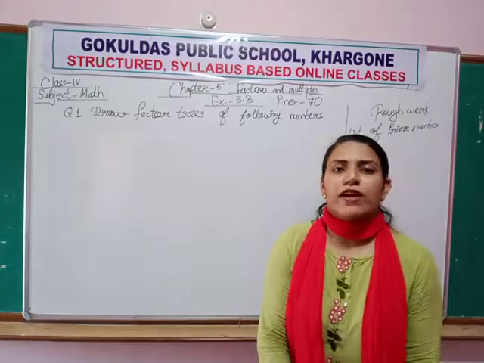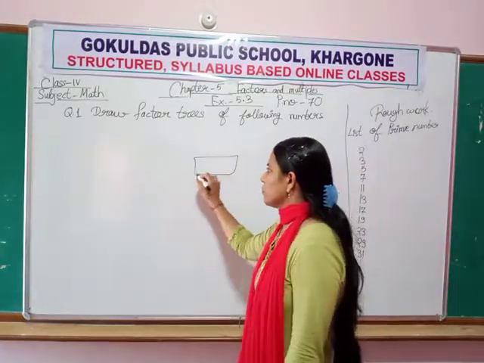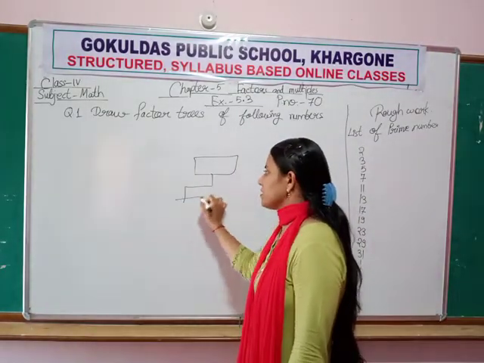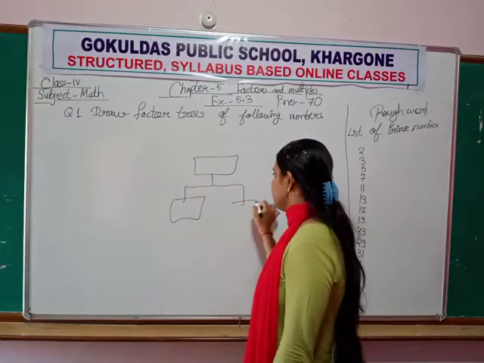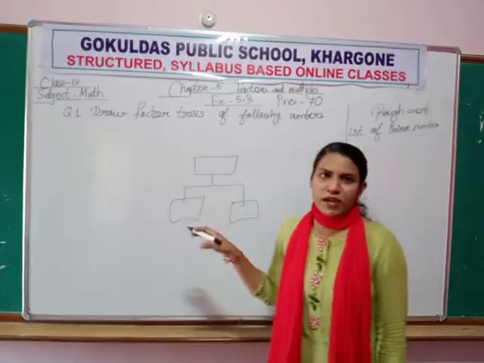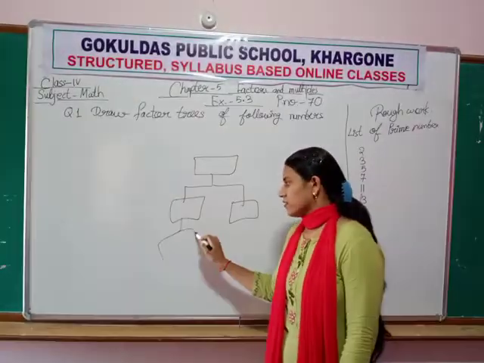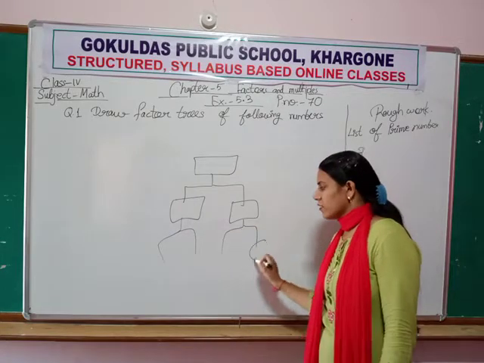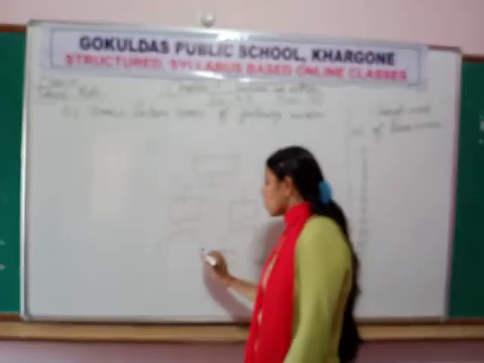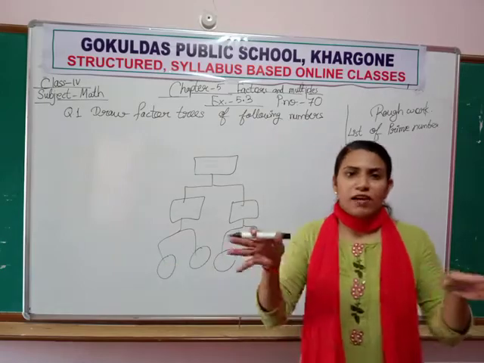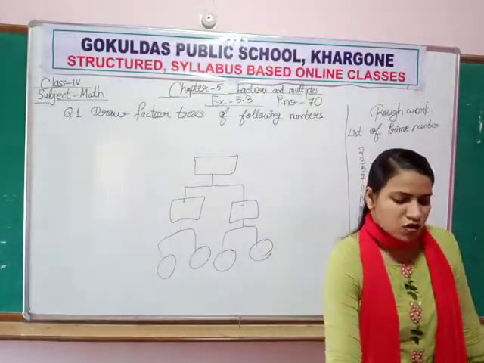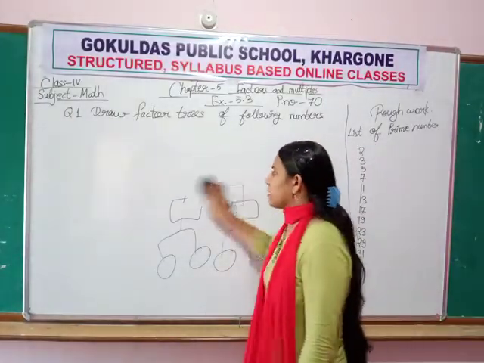Or when you make a family tree, what do you do? You make branches like this, right? So this is called a tree because it has branches. So in a factor tree also some branches will be there.